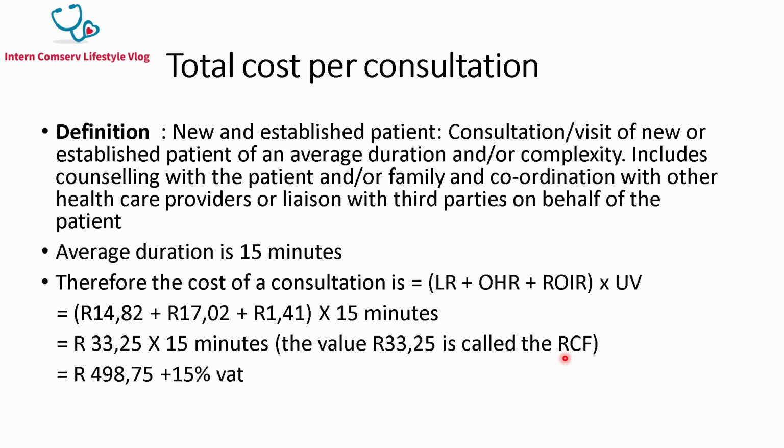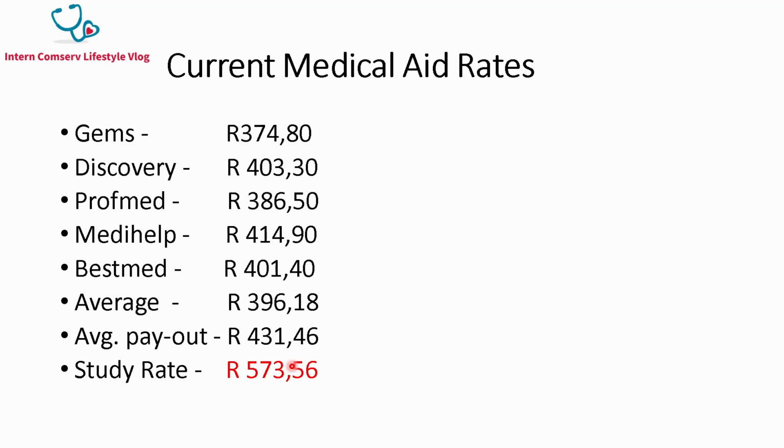So that's 498 Rand 75 plus 15% gives you 573. 573 is what the average GP cost of service is. It means if you're looking at a rural area or an urban area or a suburb, the average rate between all these different solo practices is 573 Rand 56 for 2020.